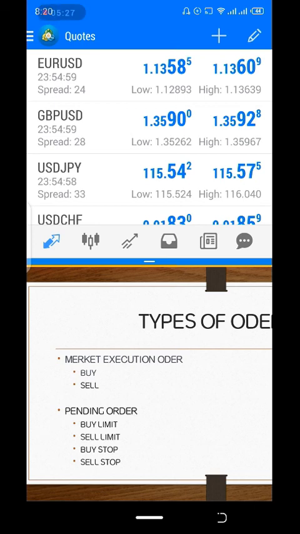They are instant orders where you just buy at the current price, or you sell at the current price, and then you put your target level, which is your take profit or your stop loss. Then we have pending orders. Pending orders are buy limits, sell limits, buy stop, sell stop.